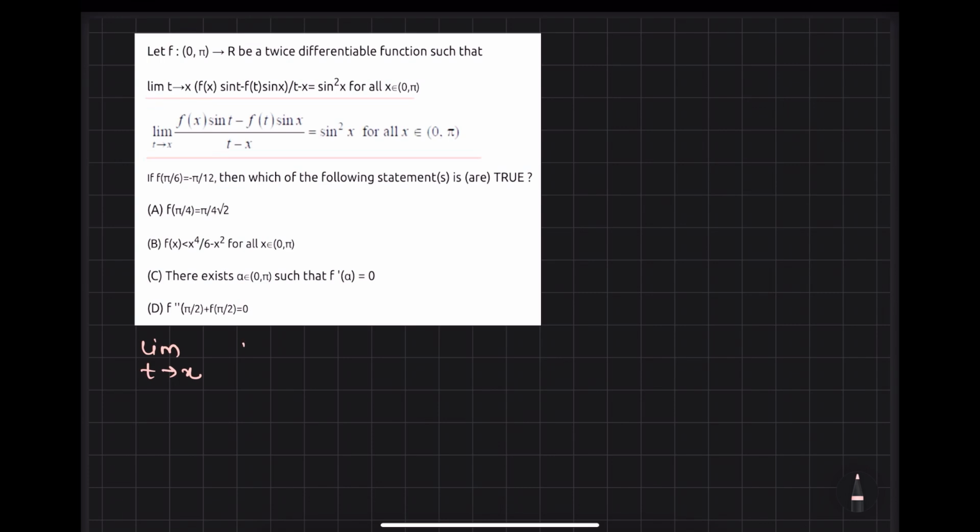Okay, so we have f of x sine t minus f of t sine x, and then we have t minus x, is equal to sine square x. This is given.